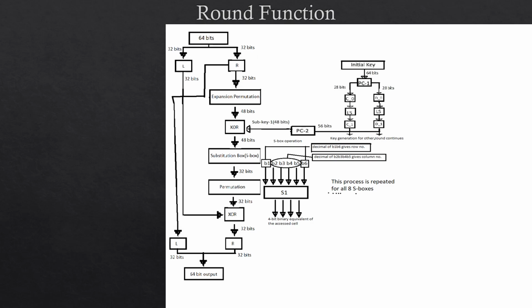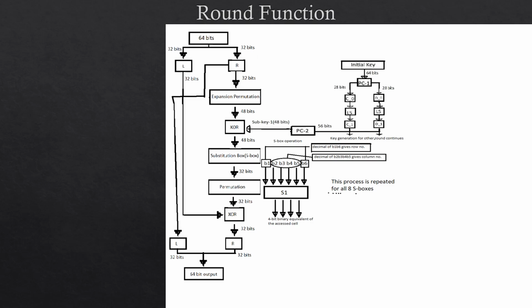There are a total of 8 S boxes or substitution boxes. One box is for 6 bits each. An S box is basically a table with 4 rows R0, R1, R2, R3 and 16 columns C0, C1, C2 till C15. So for one S box there are 6 bits as input, and out of these bits the first and the last bit represent the row number of the S box, and the remaining 4 bits represent the column number of the S box.